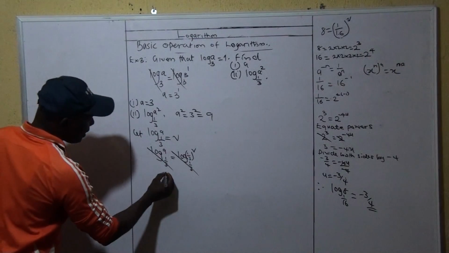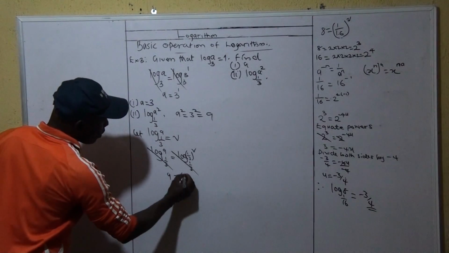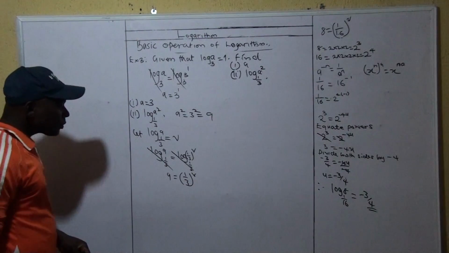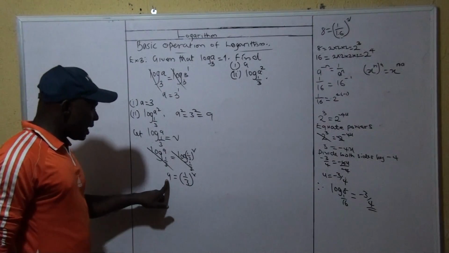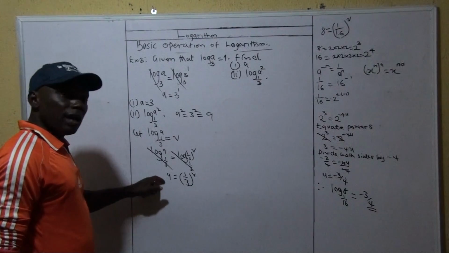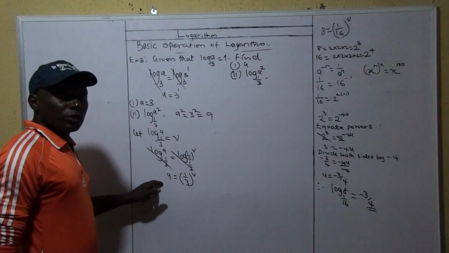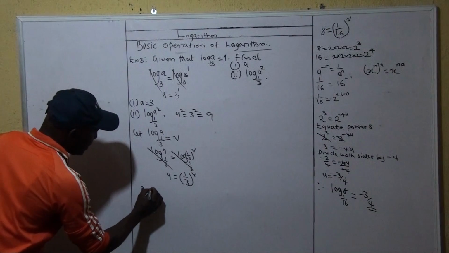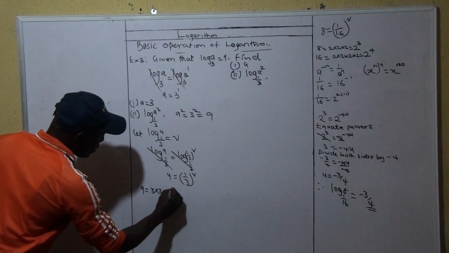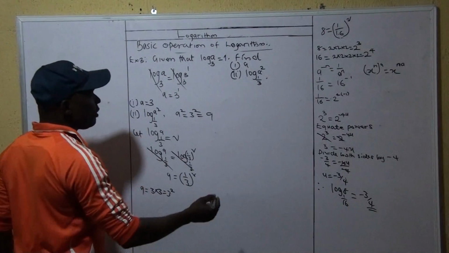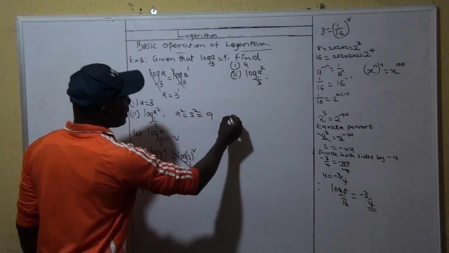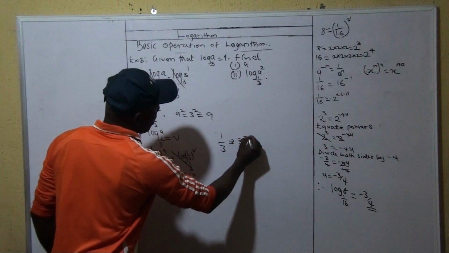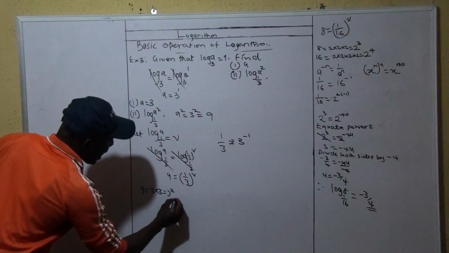So here we now have 9 is equal to 1 over 3 raised to power V. So you express this as prime factors in its power. This 9 becomes 3 times 3, which is 3 square. And this 1 over 3 here, we can express as a negative index, which is 3 raised to power minus 1. And we will replace it here.